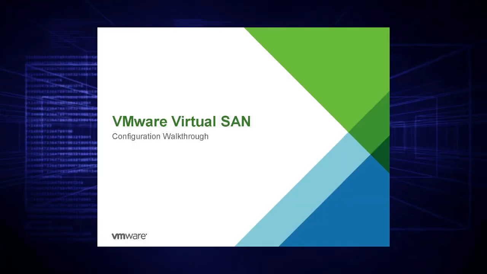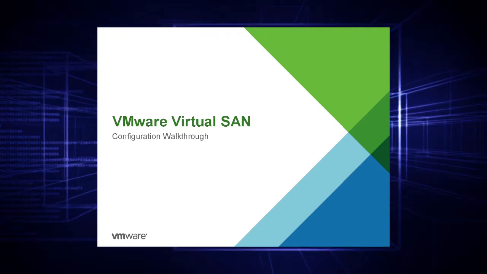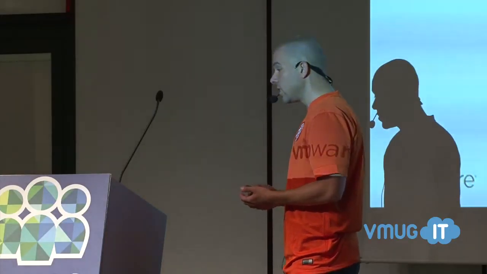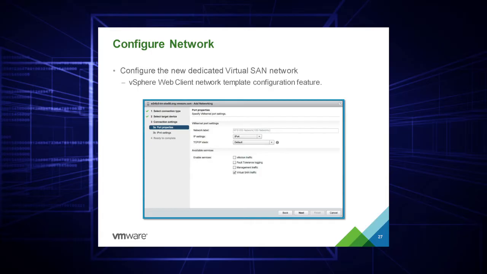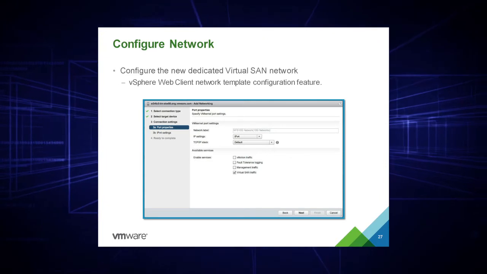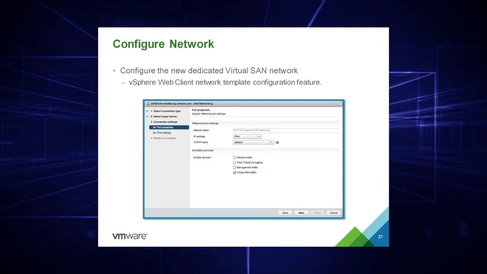So now that we know some of the fundamental constructs, I would like to show you what it takes to, A, set up virtual SAN, and B, also deploy some virtual machines on virtual SAN. First of all, you will need to configure a VM kernel network. Who here has set up a vMotion VM kernel in the past? It's exactly the same for virtual SAN.